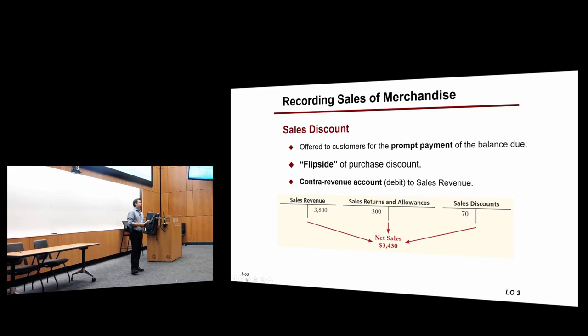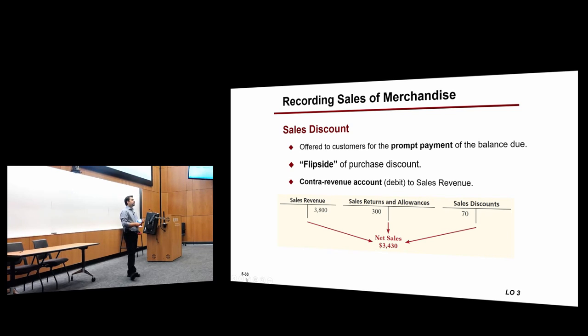So, now in the same way that we had purchase discount, this is the flip side of it. It's sales discount. And remember, one company's purchase discount is another company's sales discount. Right? One company's receivable is another company's payable. You always have two sides of the story.